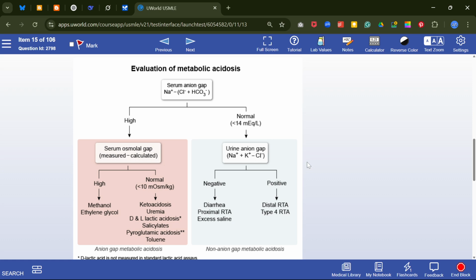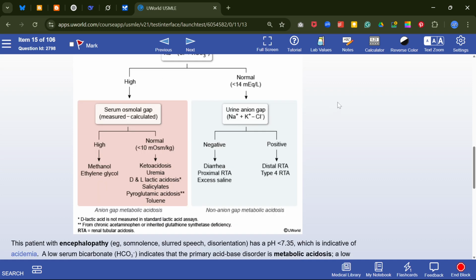If osmolar gap is less than 10, normal 10 milliosmol per kg, it may be ketoacidosis, uremia, D and L lactic acidosis, or salicylates.